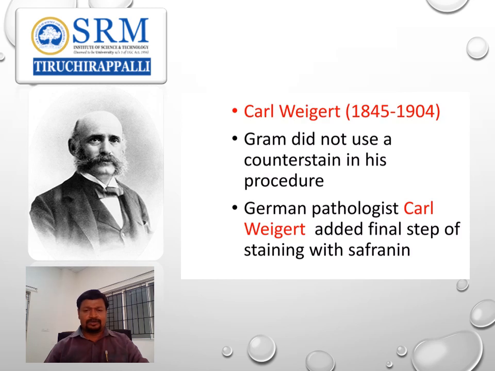Karl Weigert, 1845 to 1904, was mentioned earlier. Gram did not use a counter stain, and after many years the German pathologist Karl Weigert added a final step of safranin stain. Safranin is a pink color.